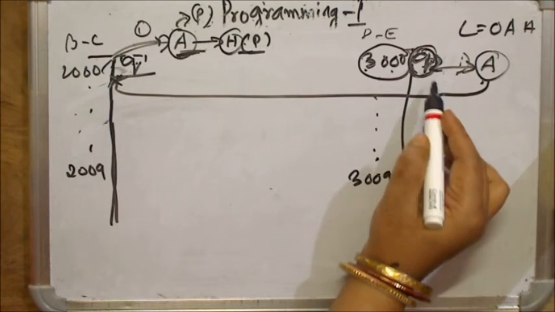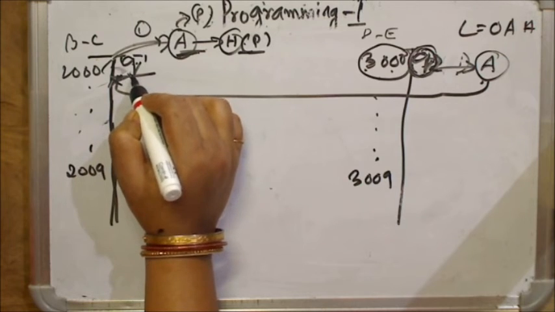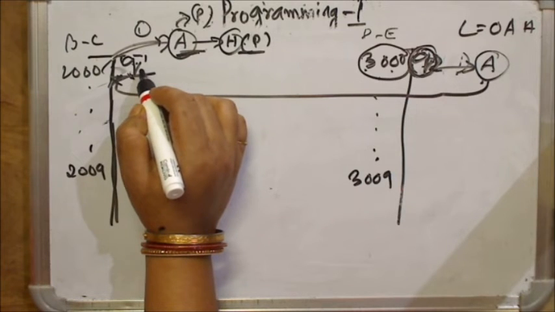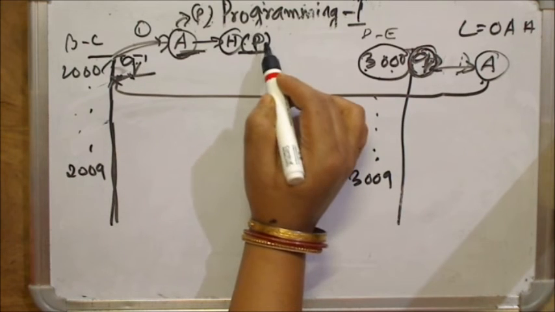So the location which was storing P is now storing Q. Half of the exchange is over. So what do you have to do next? From H, take the number into A. What is H holding?